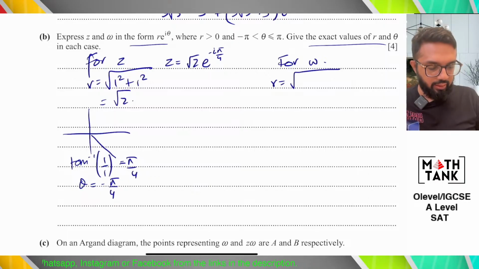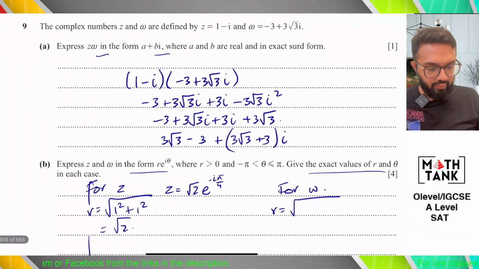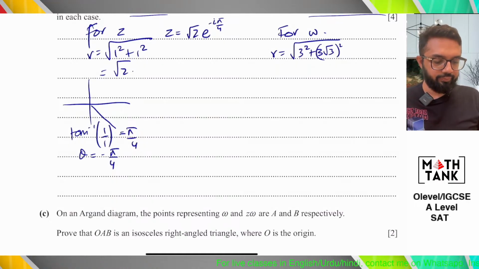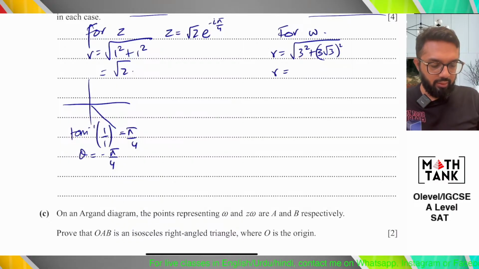For W, I have r as root of 3 squared plus 3 root 3 squared.